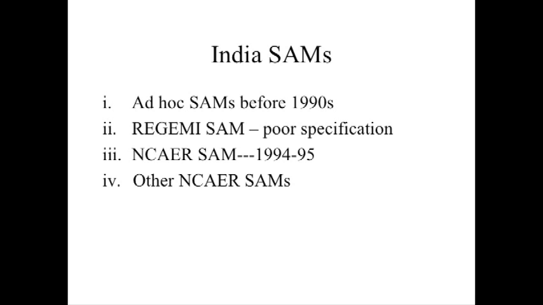The National Council for Applied Economic Research, which is a quasi-governmental research organization in New Delhi, created a first SAM in 1994-95. And since then, it has improved on those things, and that's what I have called other NCAER SAMs.